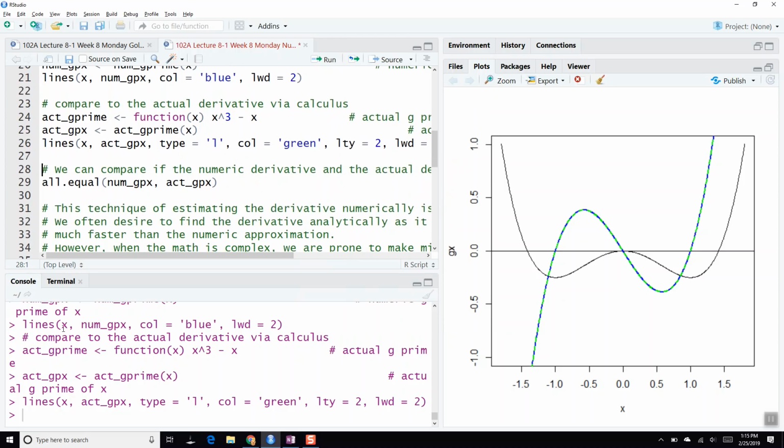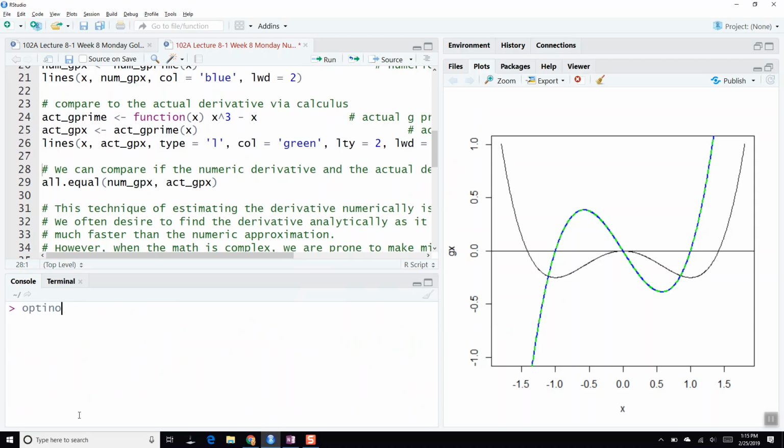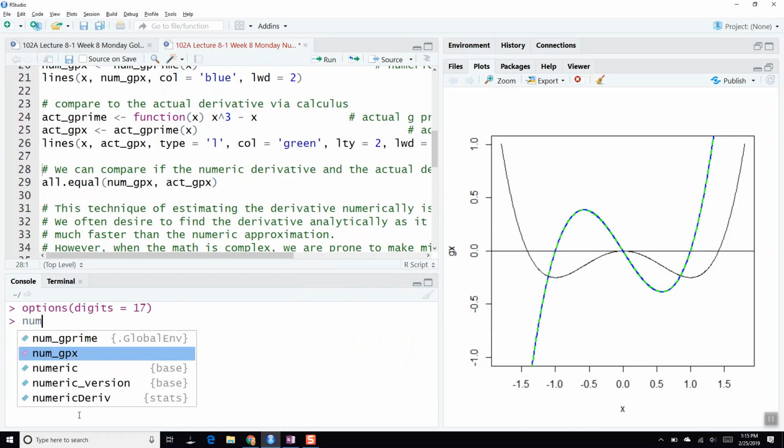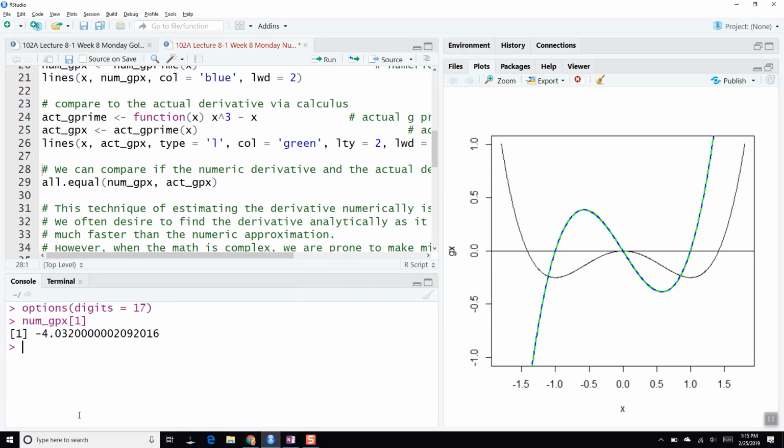And we can actually use a function called all.equal, right? So if I did options digits equals 17, and I ask what is the first value in my numeric g prime vector, I have negative 4.032000, and we have some leftover values over here.